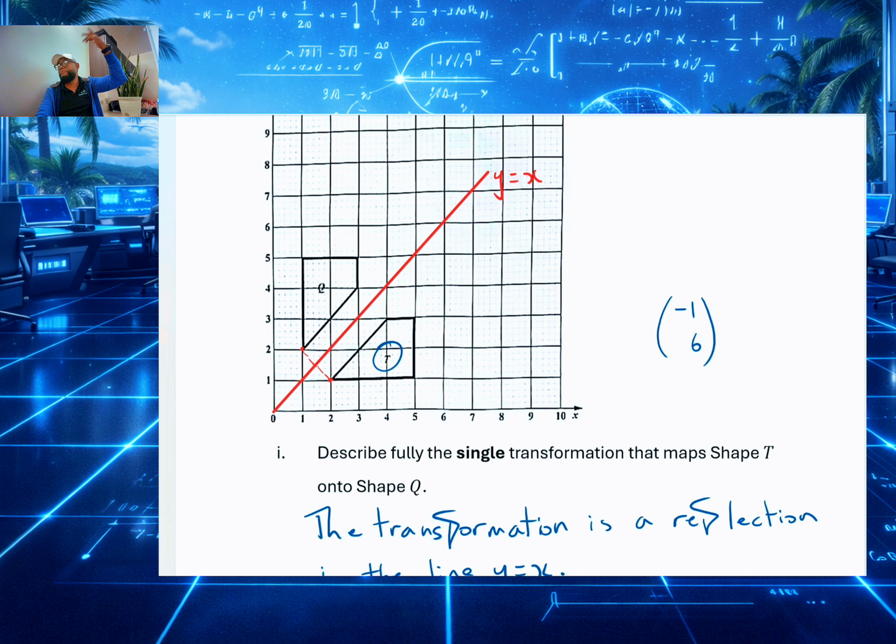Track one coordinate and then build it off of that one coordinate. So we're going 1 to the left because the 1 is negative, right? And then you go 6 up because it's positive: 1, 2, 3, 4, 5, 6. So this is where this coordinate would be. If it is a slide, that means it's like pushing a car.